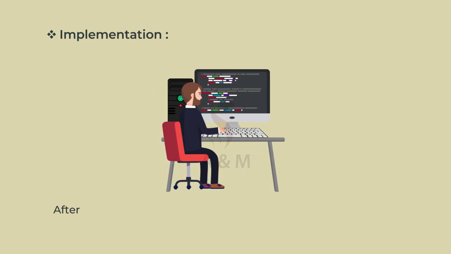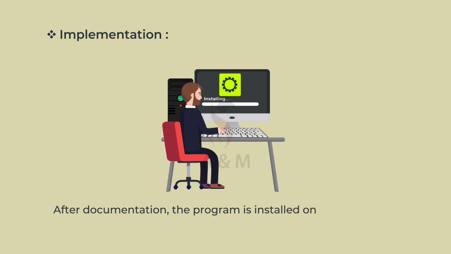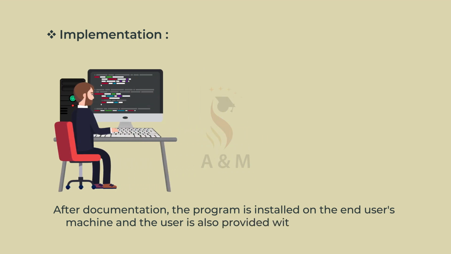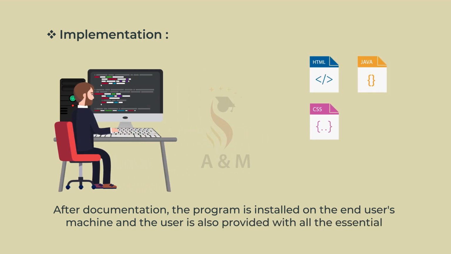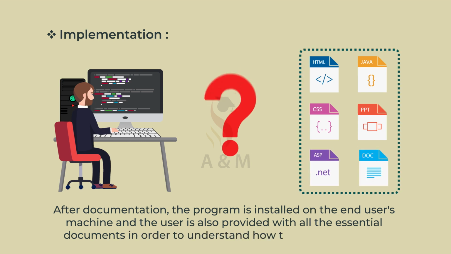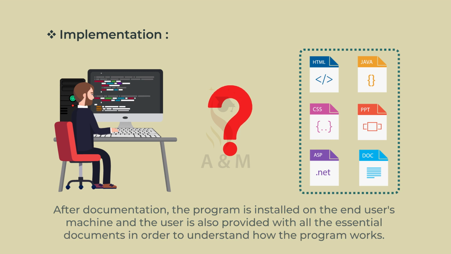Implementation. After documentation, the program is installed on the end user's machine and the user is also provided with all the essential documents in order to understand how the program works.